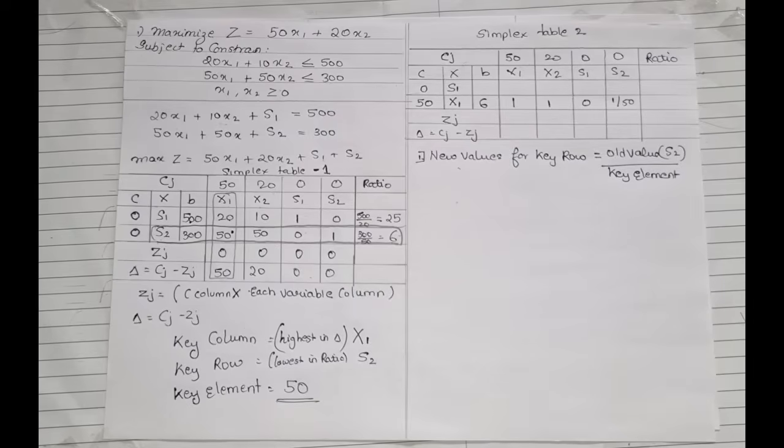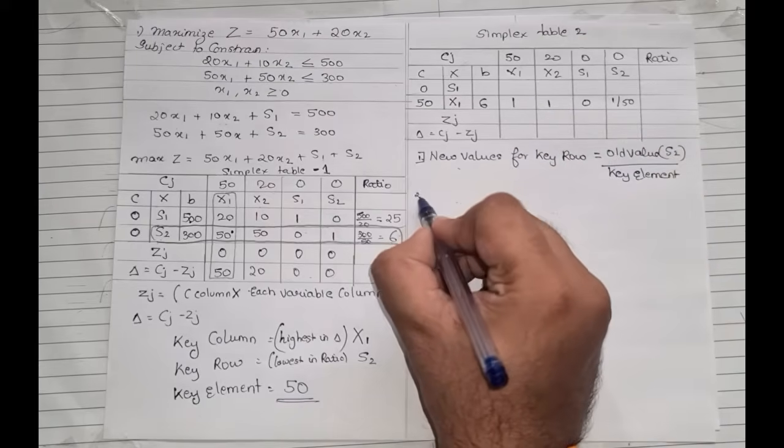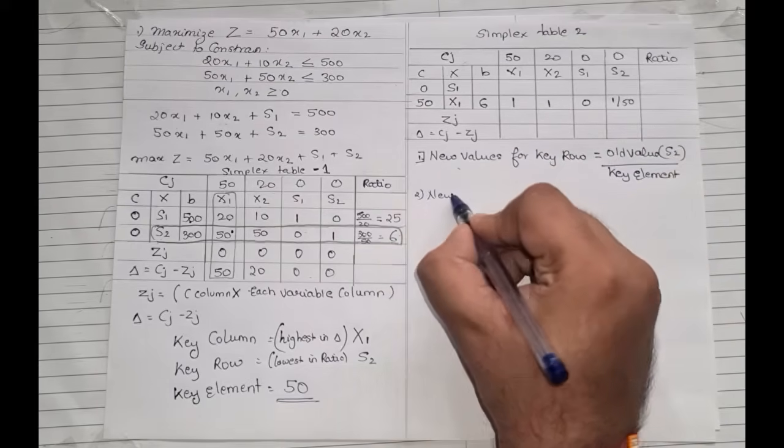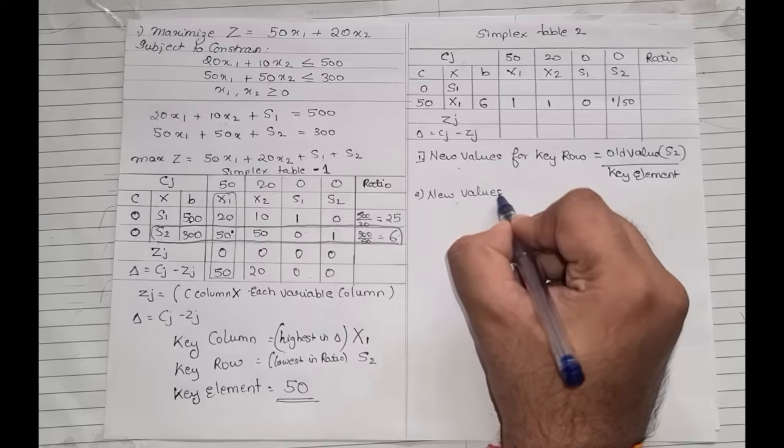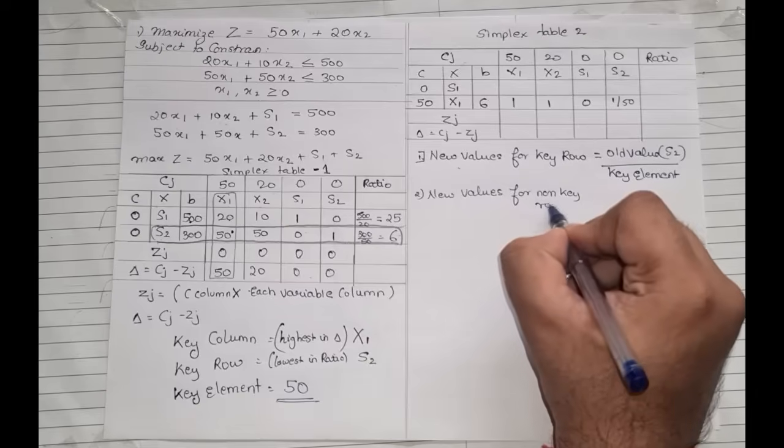Now we need to find the non-key row, basically the other row. So now we need to find new values for the non-key row.